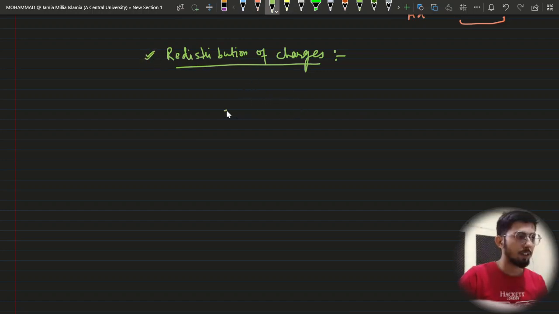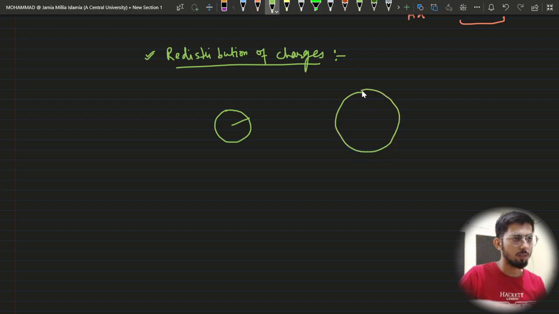Suppose we have two spheres. These are capacitors, each one with a different radius. Let us say one of them is R1, another is R2, and this one has Q1 charge. They both have some charge initially, right?